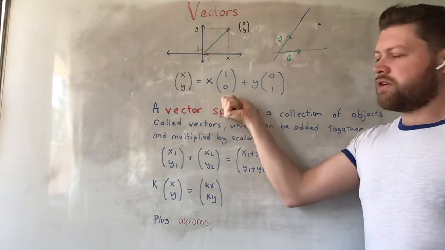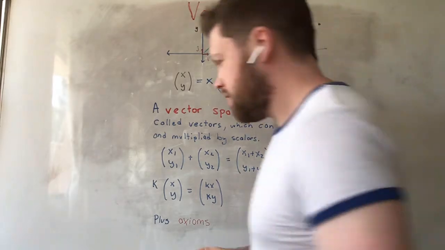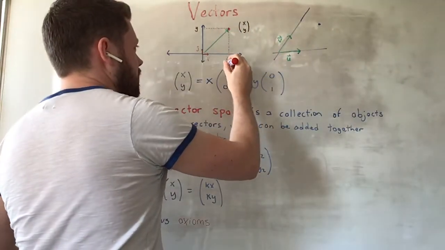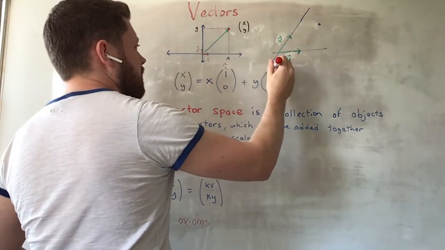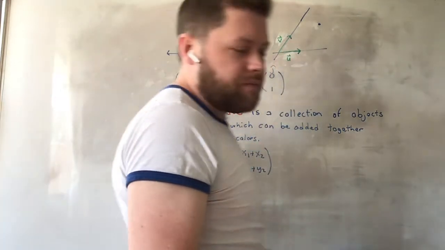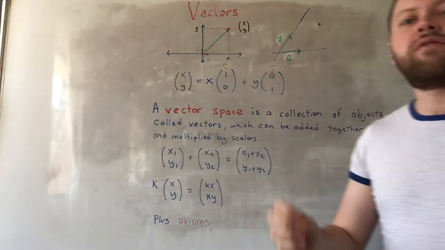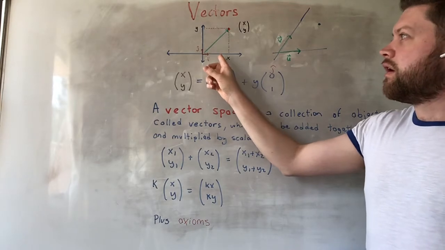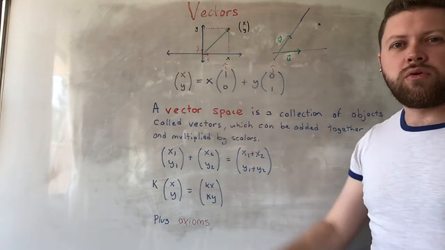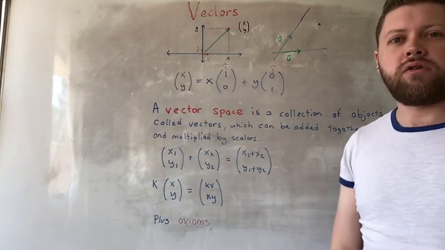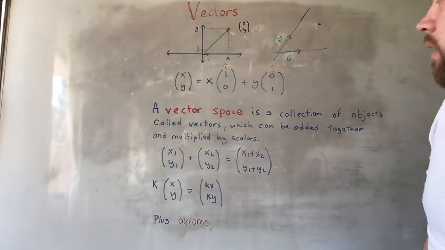So these two vectors have an important name, okay? It's called i hat and j hat. These are the unit basis vectors in the Cartesian coordinate system, or an orthogonal coordinate system. Okay?